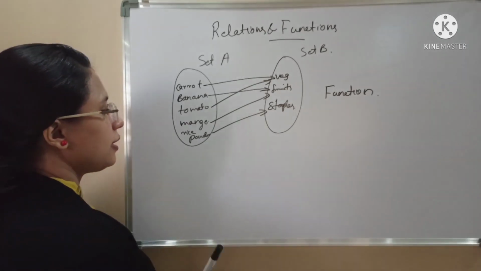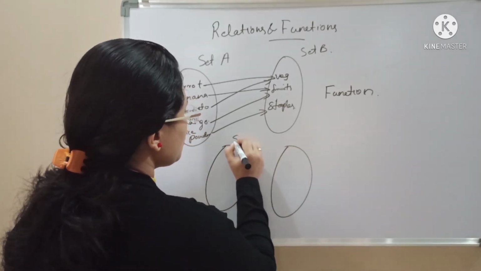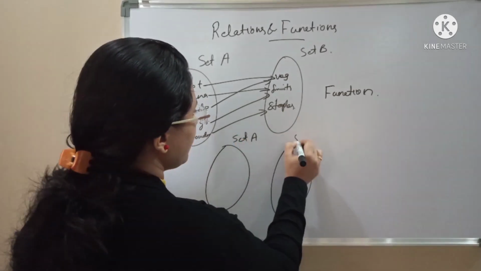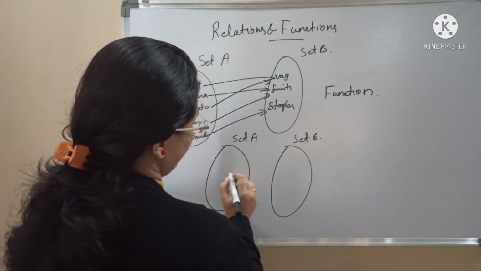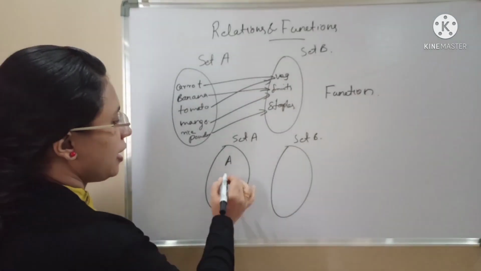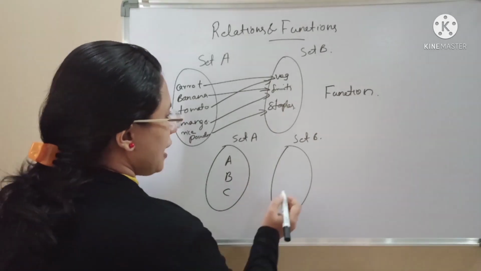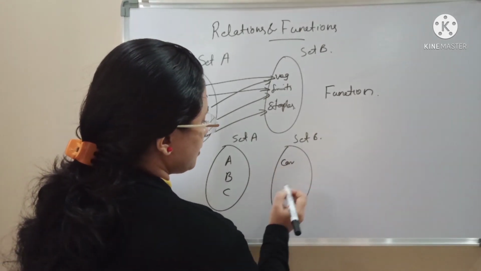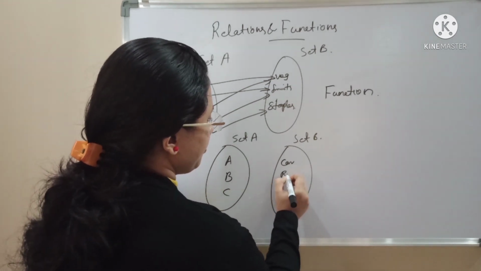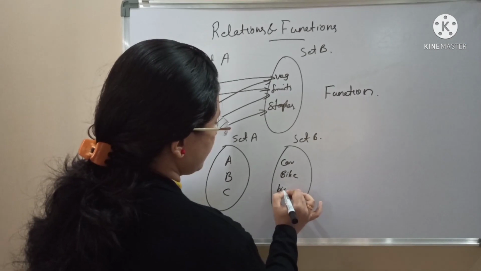I will give you another example. Suppose we have set A and set B. These are some persons A, B, C, and we are considering some vehicles: car, bike, and bicycle.